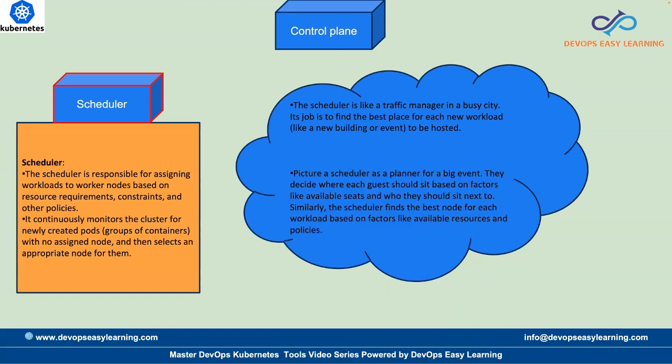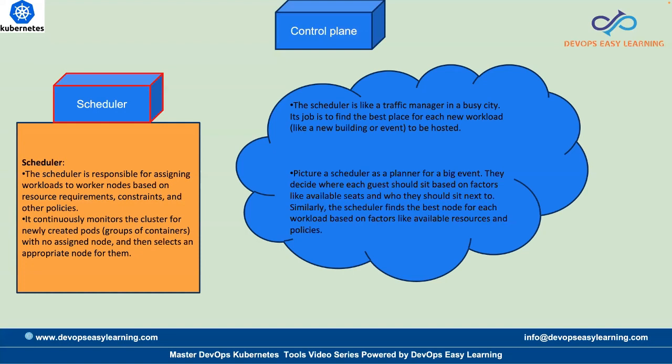The second picture is the scheduler as a planner for a big event. They decide where each guest should sit based on factors like seat availability and who they should sit next to.